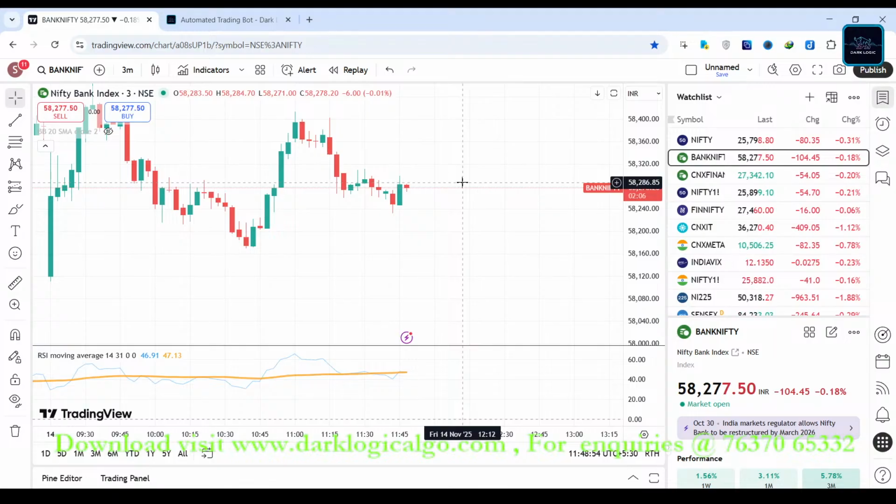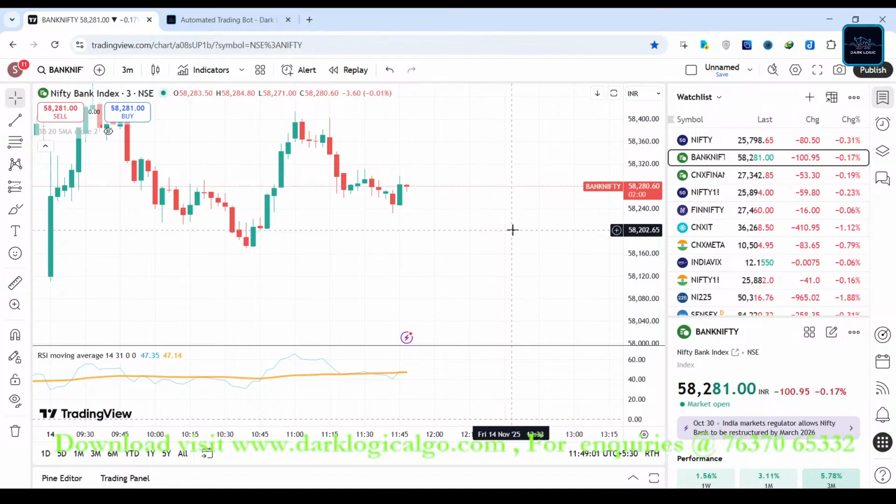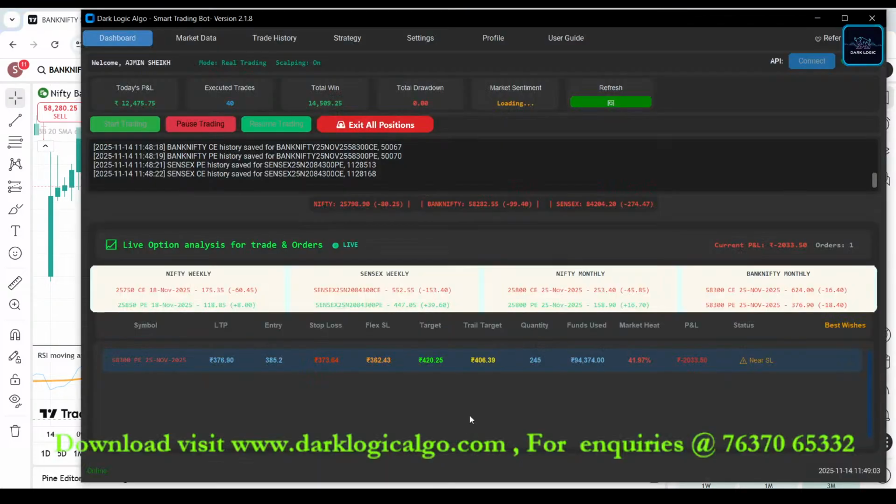That's why I took the position. Let's see whether our trade will succeed or not. Either it will hit your stop loss or it will hit your target.